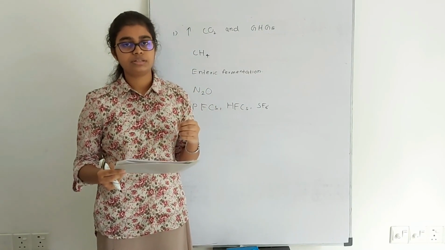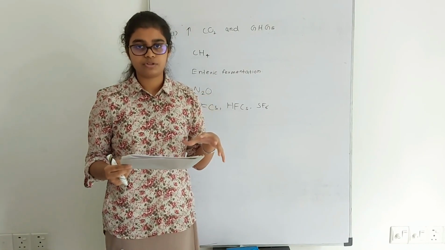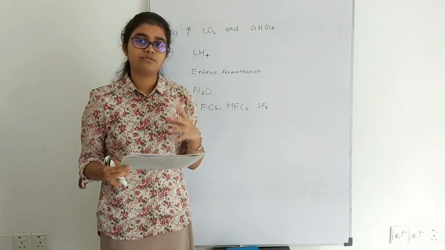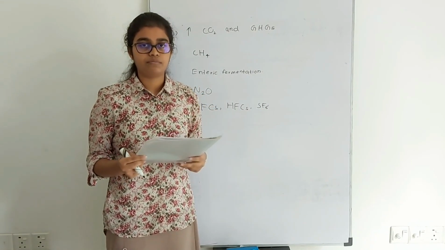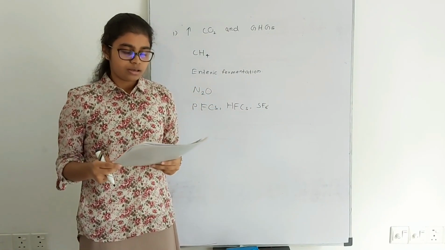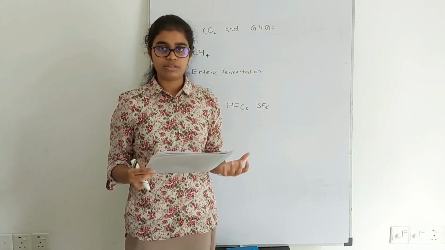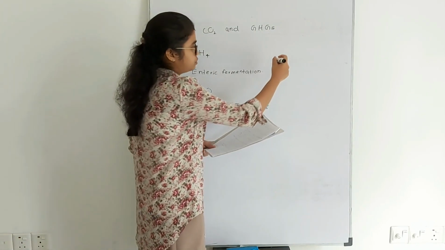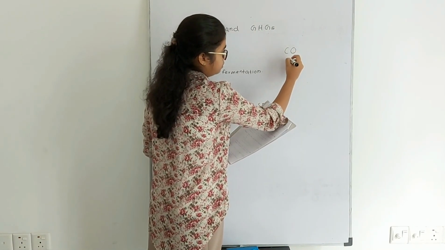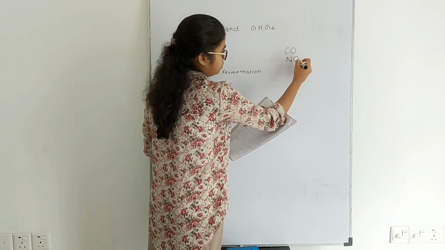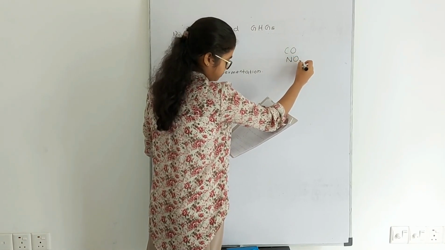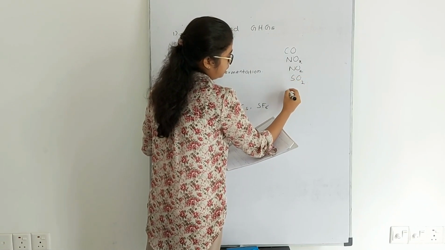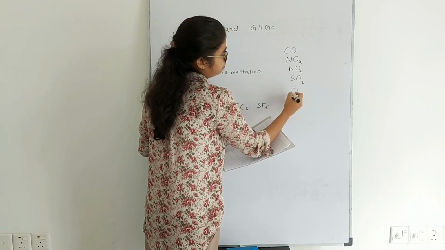These carbon particles are suspended in the lower atmosphere and they absorb the heat, and it causes the temperature of the atmosphere to rise. Apart from these gases I have mentioned, there are gases which have indirect radiative forcing effects, such as carbon monoxide, nitrogen oxides, NO2, sulfur dioxide and tropospheric ozone.